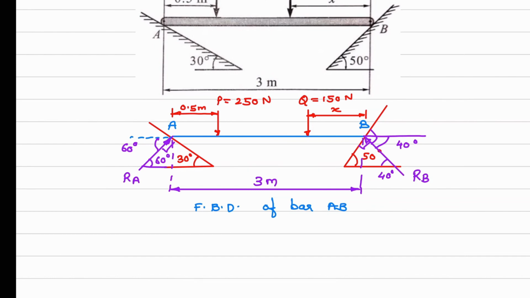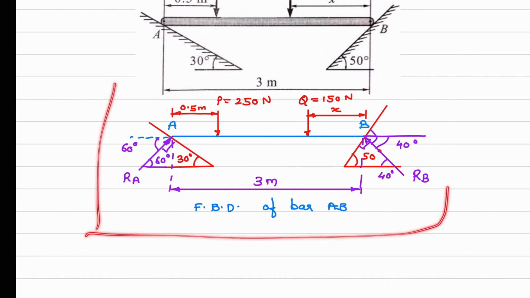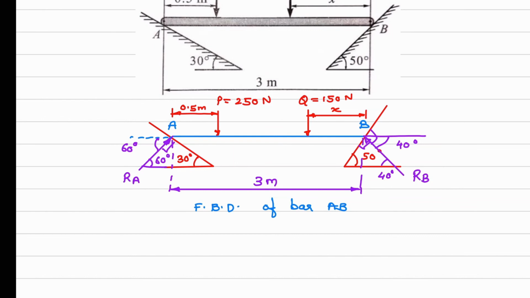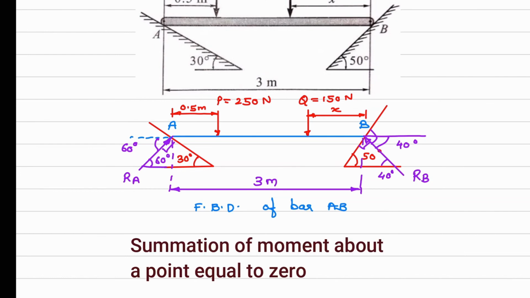Okay, now we will use the conditions of equilibrium. Here you can see this system is not concurrent, it is not parallel. So this is a general force system, and all the forces are acting in a single plane. So this is coplanar. Okay, so there will be three conditions: summation Fx equal to 0, summation Fy equal to 0, and moment about a point equal to 0.